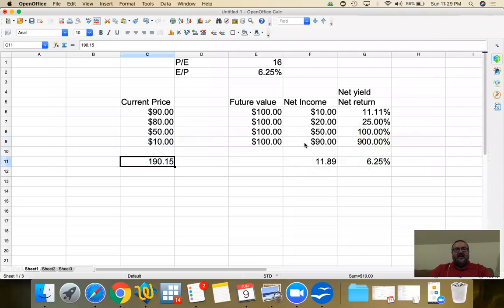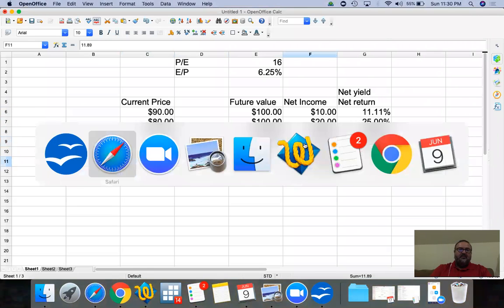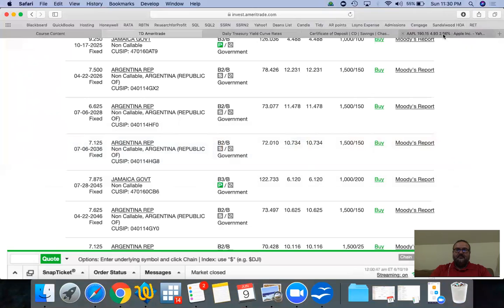So if you think that that price is fair, and if you start paying that, in fact, that you are willing to pay more for that, then the price is going to go up. Similarly for the stock, if the price goes up, your net income is unexpected. So let's take a look at Apple.